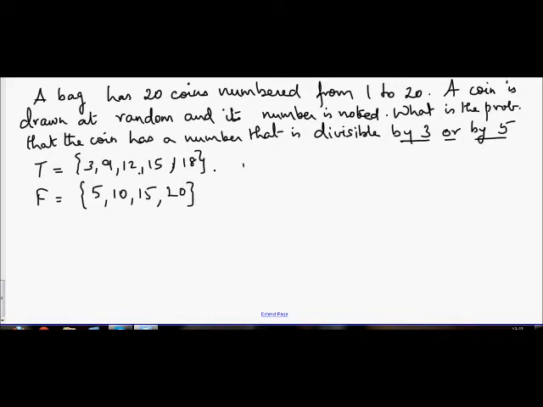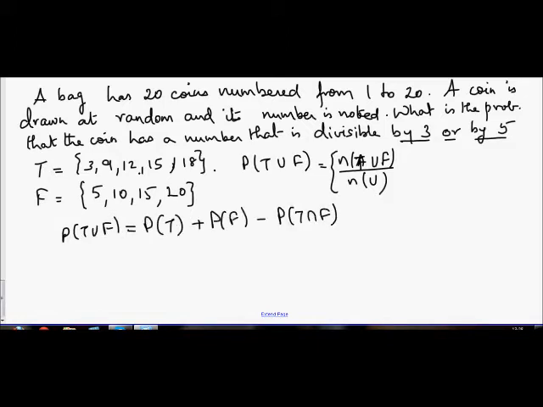So you need to find T union F, the probability that the number is divisible by 3 or by 5. This is n of T union F divided by n of the total sample space. Or you can directly use the formula. P of T is 6 over 20, because there are 20 numbers.